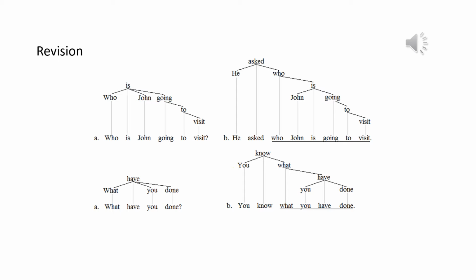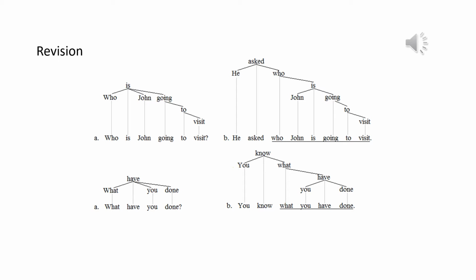This is an information question. And if you want to change this information question into a sentence with a noun clause, remember that usual question word order is not used in a noun clause. So the new sentence becomes as in B. He asked who John is going to visit.